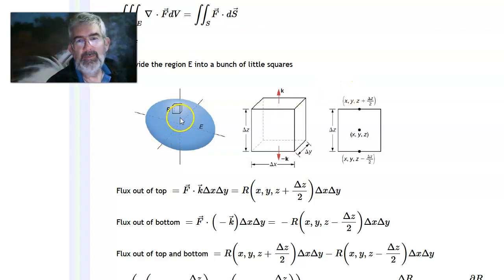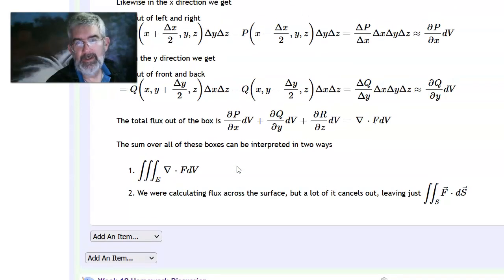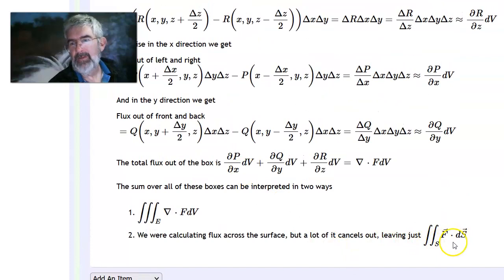So you would be getting only the stuff that's on the boundary of the region E, and as you take those cubes smaller and smaller, you get a better and better approximation of the surface integral over the boundary of the region E. And so what do we have? That's just the surface integral of f dotted with dS over the boundary of E. And so that's the theorem: this triple integral is equal to that surface integral.